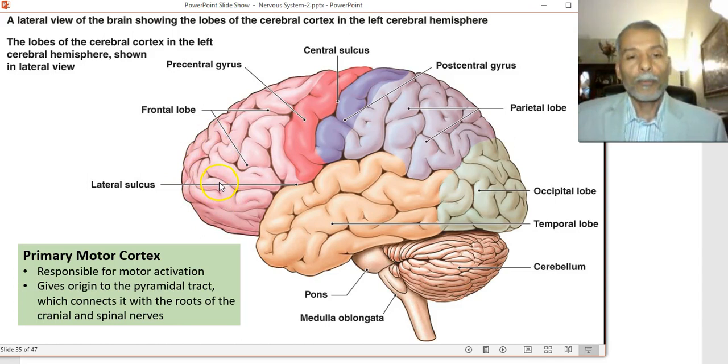What do we do? Then it starts to imagine and starts to make a script of the movement. So it's going to communicate with the cingulate gyrus, with the motor cortex, with the premotor areas, and with the somatosensory cortex.